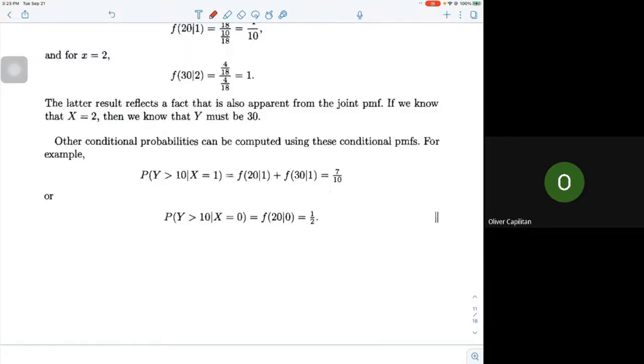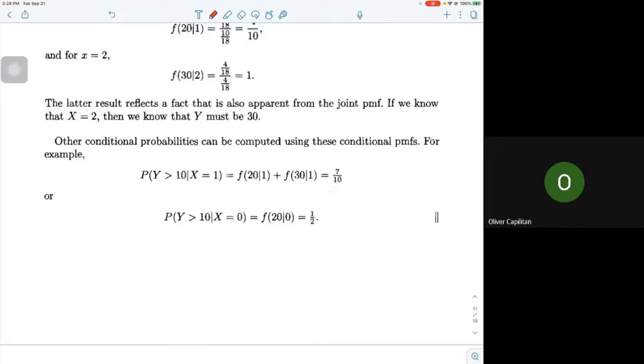For example, we're going to determine the probability that y is greater than 10 given that x is equal to 1. Since the possible values of y here are 10, 20, and 30, but we restrict y to be greater than 10, we consider only the values of y which are 20 and 30, conditioned that x is equal to 1.